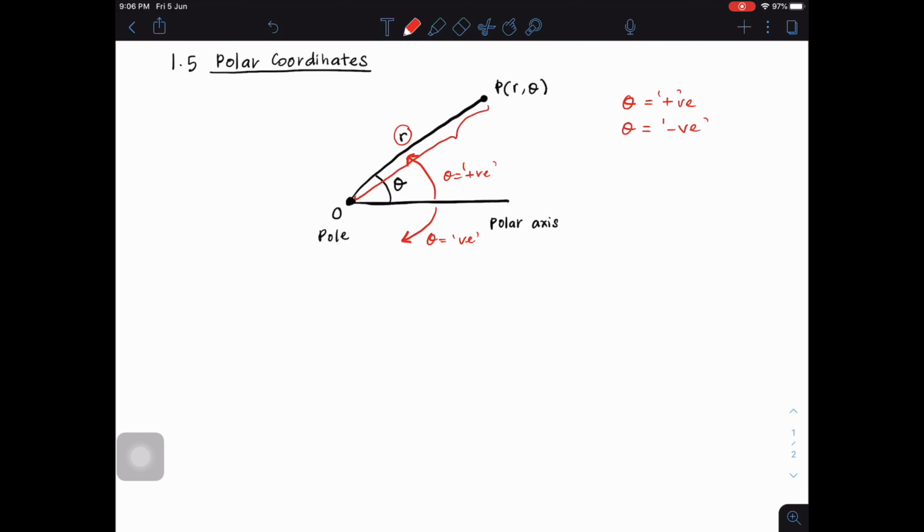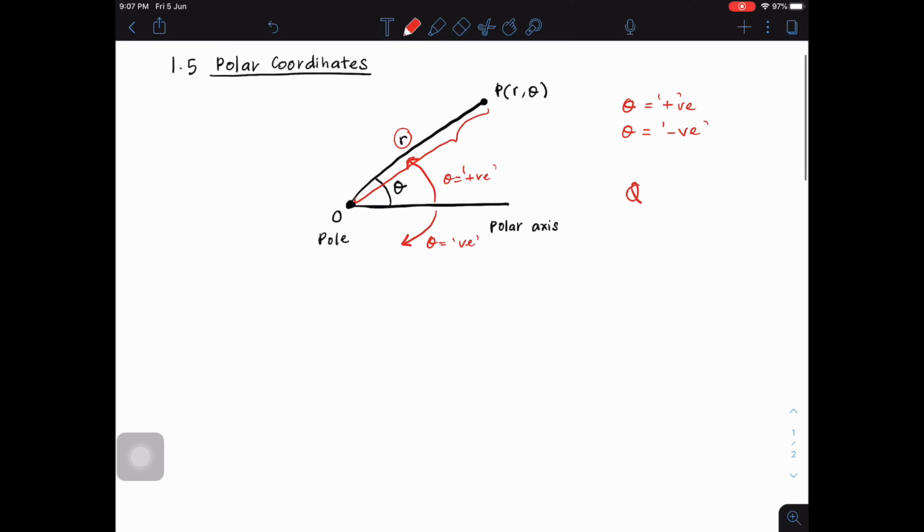Now we have the case of the point negative r, theta. Let's say here is the point that gives us r, theta. We have another point, let's say point Q, with coordinates negative r, theta. So where is point Q? Point Q actually lies on the same line as r, theta, but it's reflected to the opposite side of the pole.